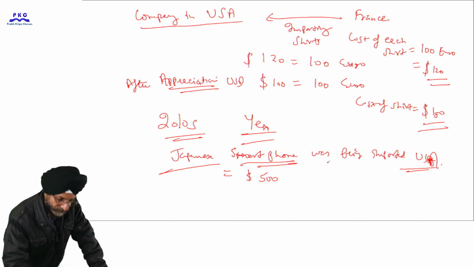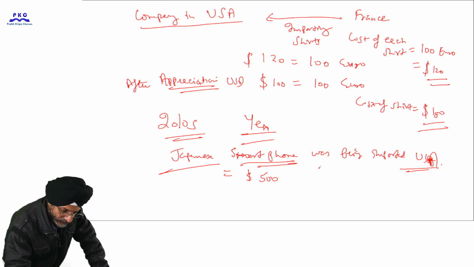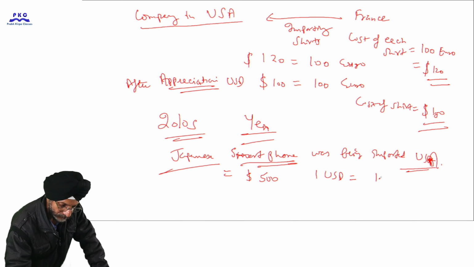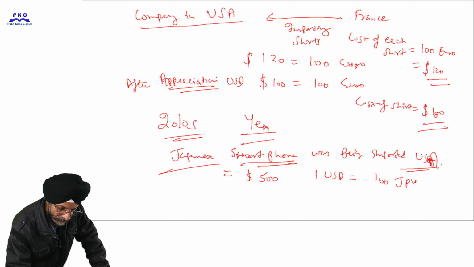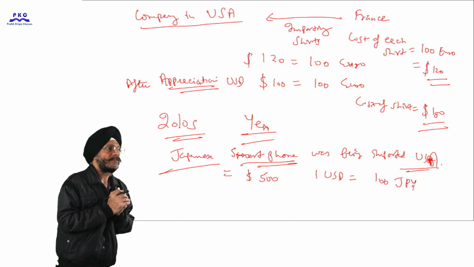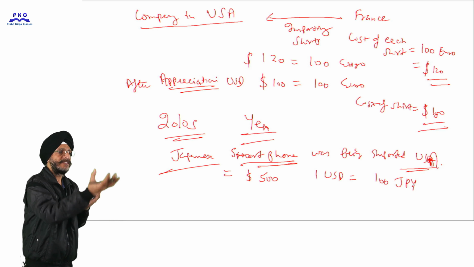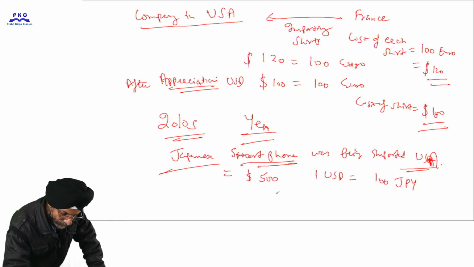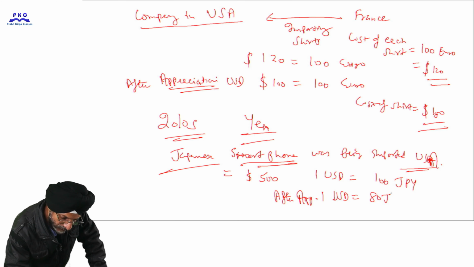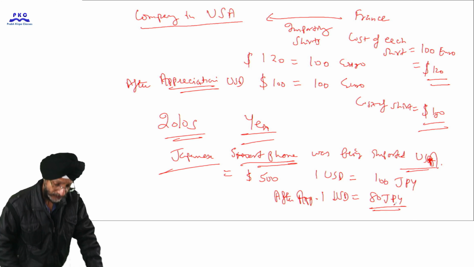Earlier, when they were importing, 1 US dollar was equal to 100 Japanese yen. Now the Japanese yen has appreciated. Suppose after appreciation, 1 US dollar is equal to 80 Japanese yen.